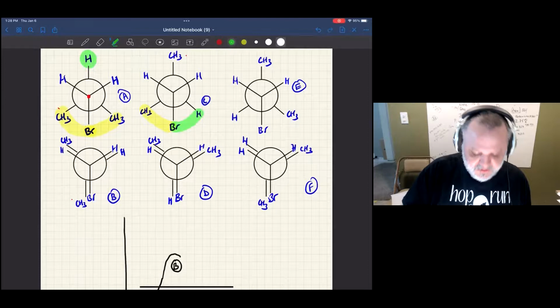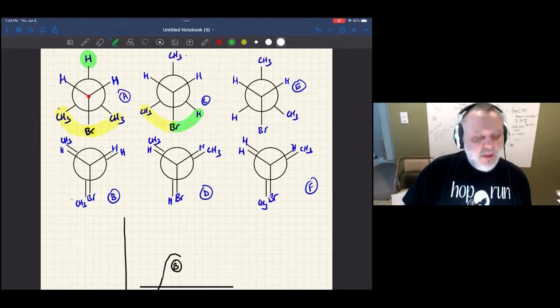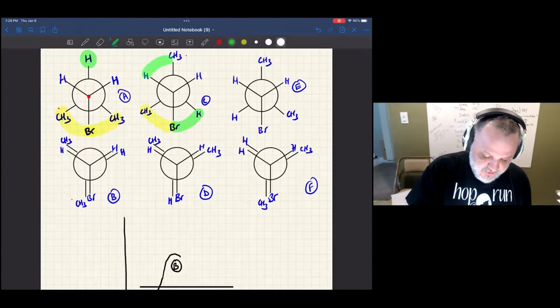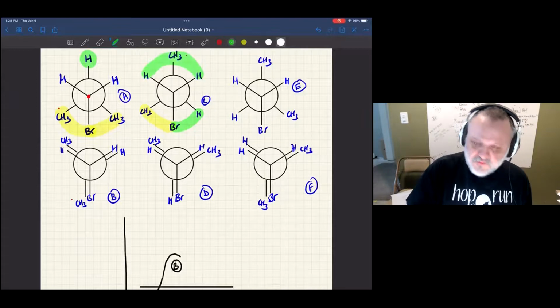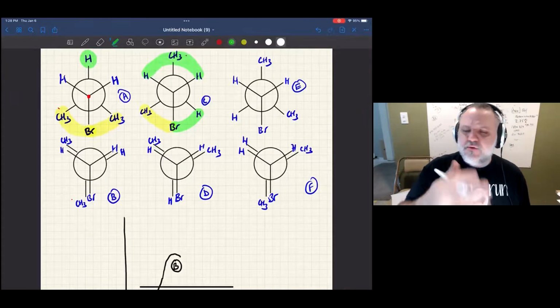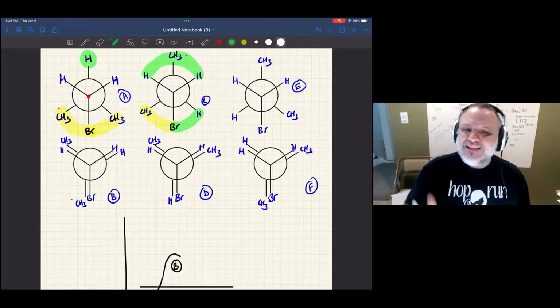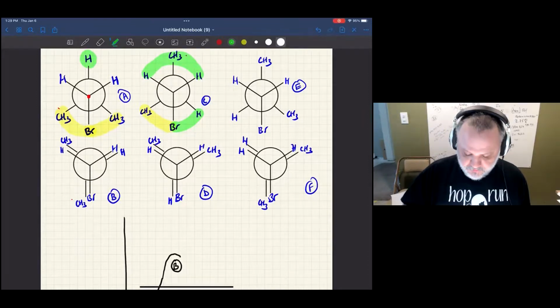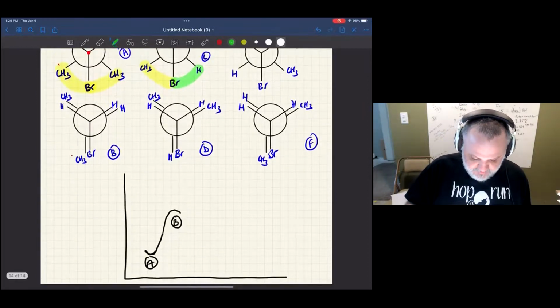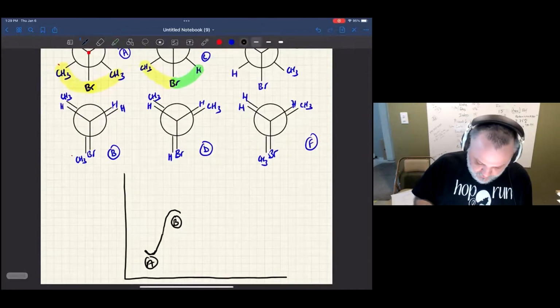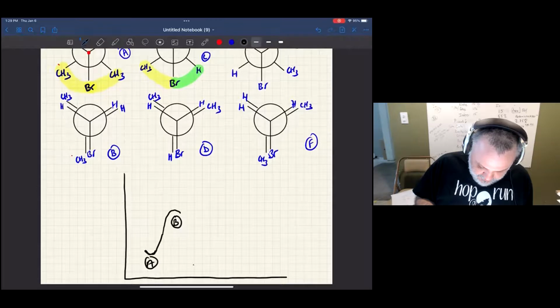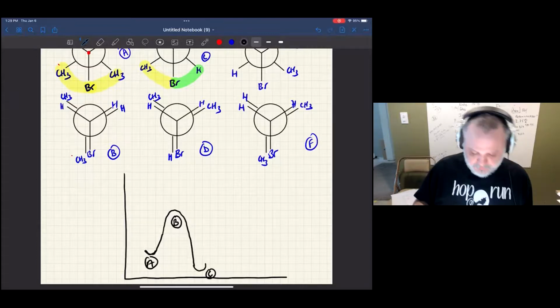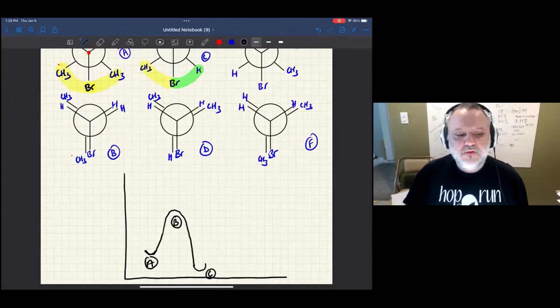It's Br and H. The CH3 is now interacting with some hydrogens. That's a small group interacting with a large group, so it's relieved some of the strain. And so in relation to A, the minima that is represented by C is lower in energy.